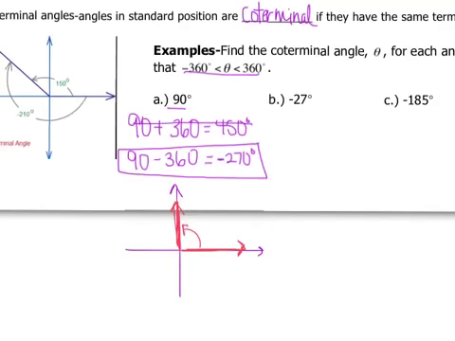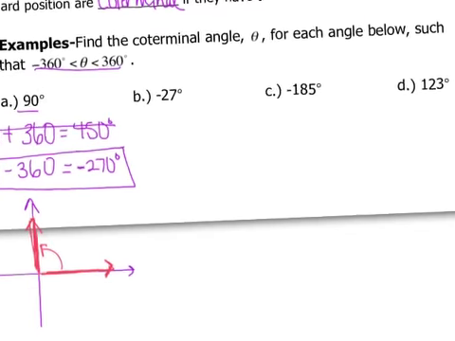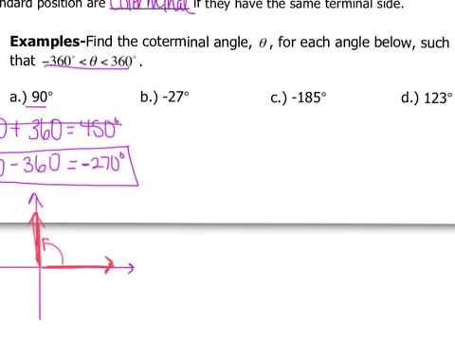On the next example, same type of thing. We are going to take that negative 27 degrees. We will add 360. We will subtract 360.